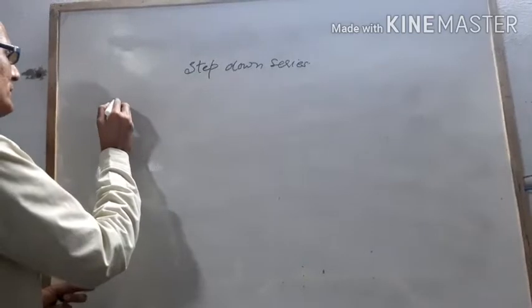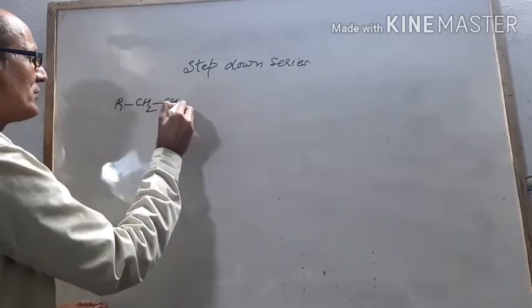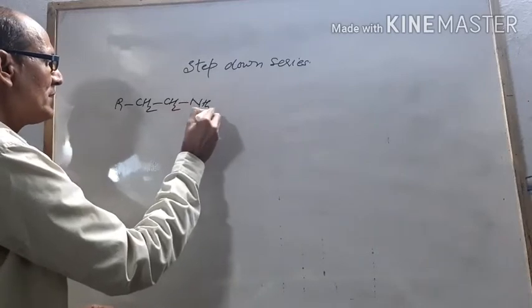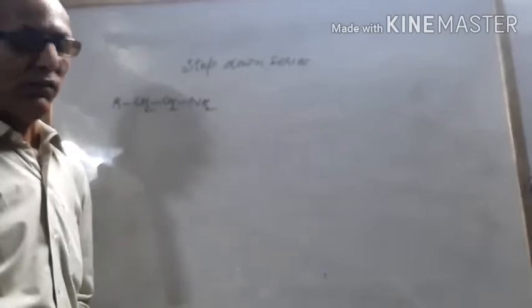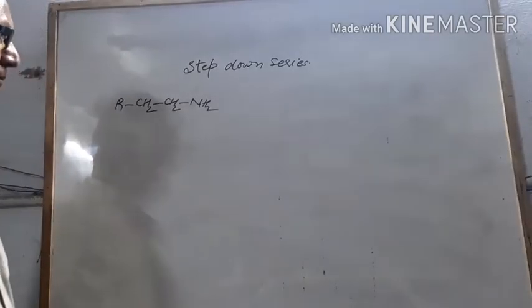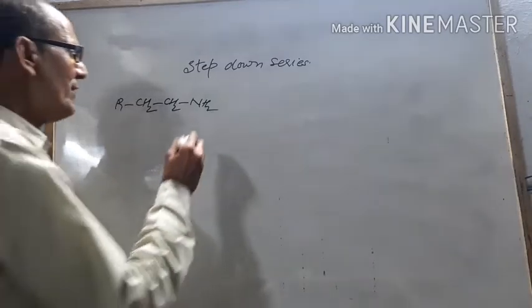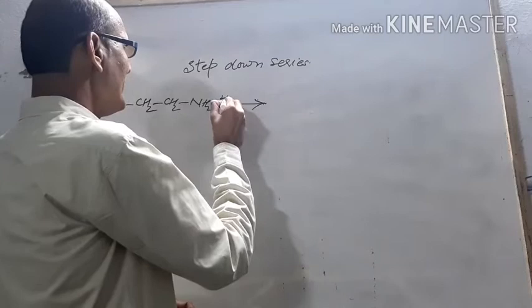Suppose we are taking R-CH2-CH2-NH2. This is an amine containing 2 carbons and 1 alkyl group. We require one less carbon, that means 1 carbon and 1 alkyl group. What we have to do, first we have to convert it into alcohol by using HNO2.